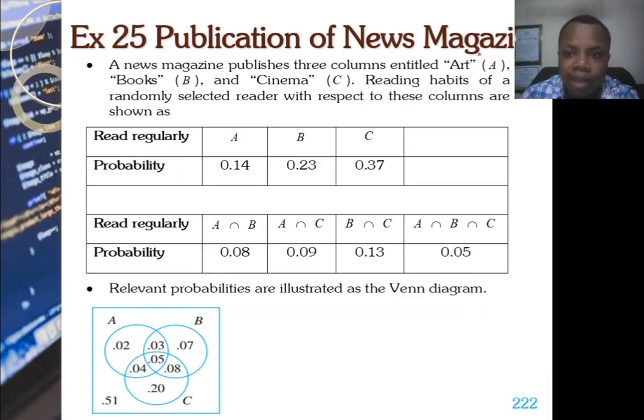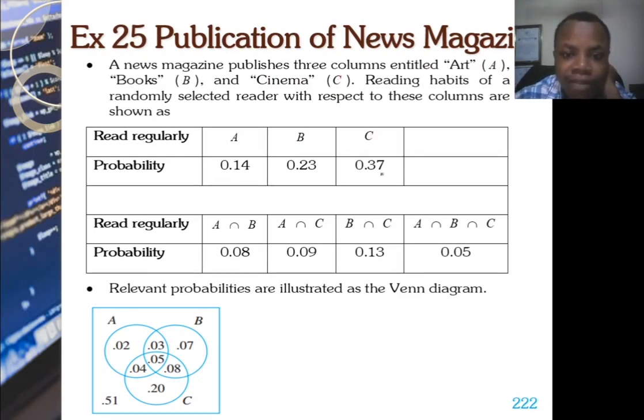So remember that event A, a reader reading the arts column, is denoted by A, and a reader reading the books column is denoted by B, event B, and that of cinema to be event C.